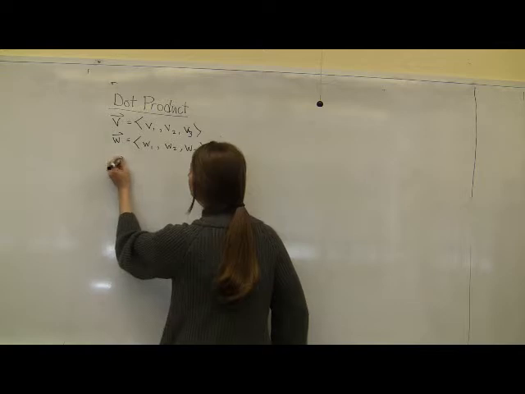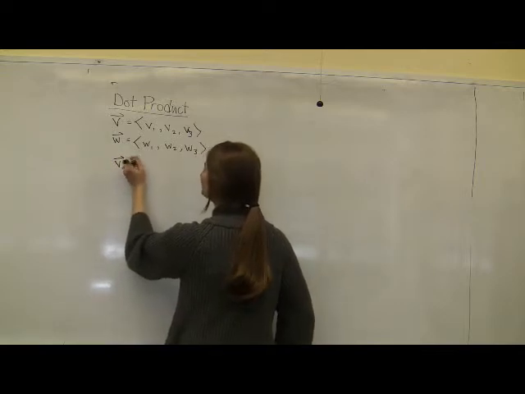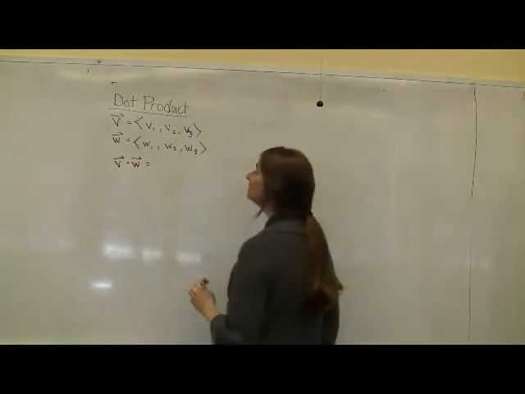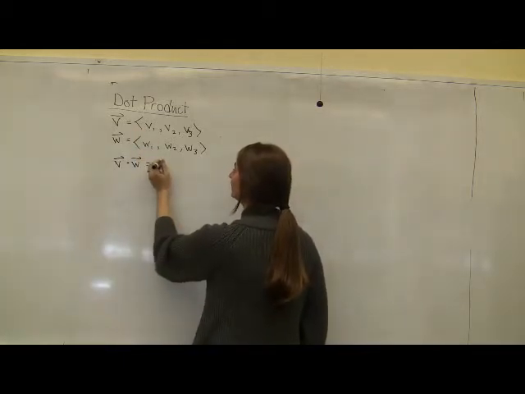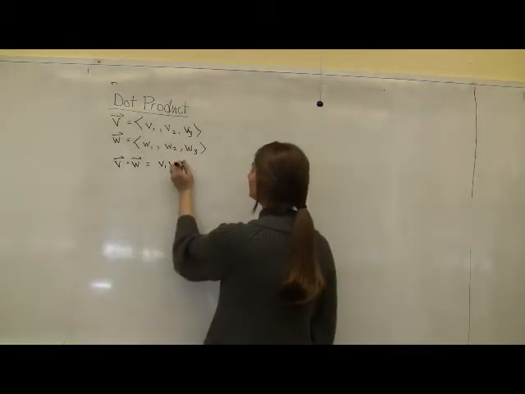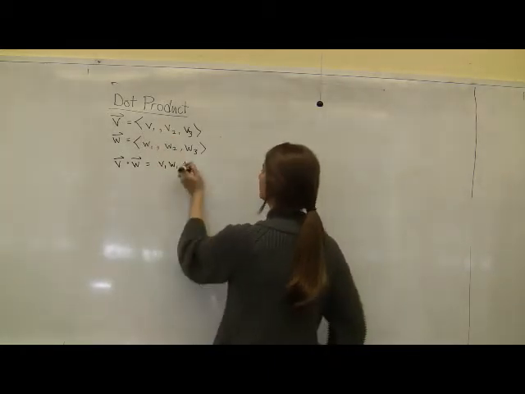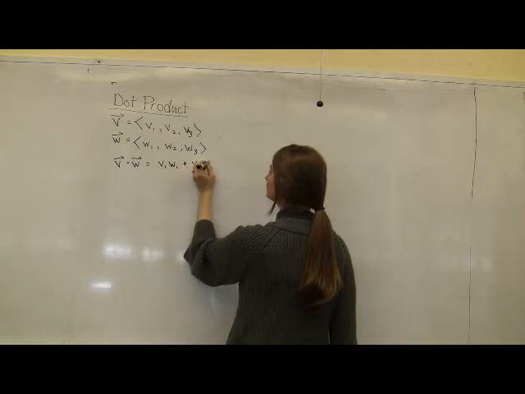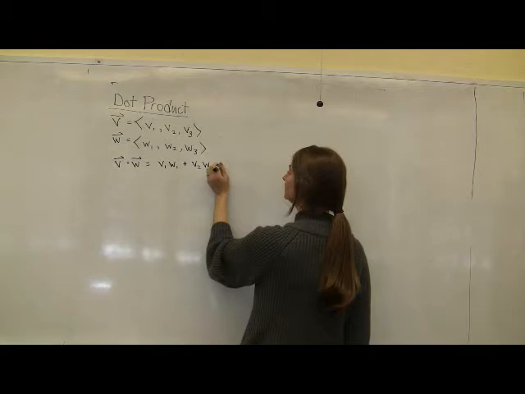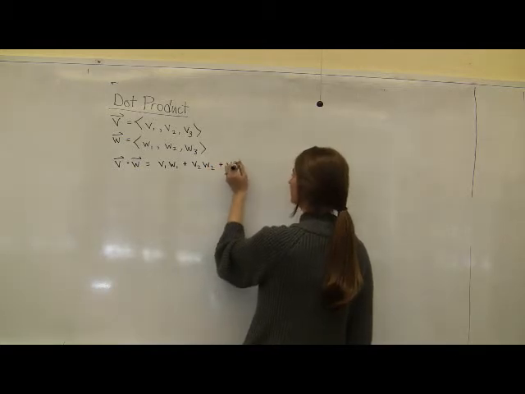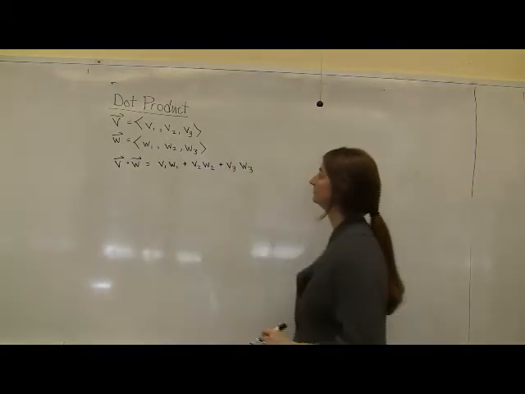It's written v dotted with w, as you might be able to guess, and it's computed by taking the first two components and multiplying them together, v1 times w1, and then adding the product of the next two components, v2 times w2, and then adding the third components, which is v3 times w3.